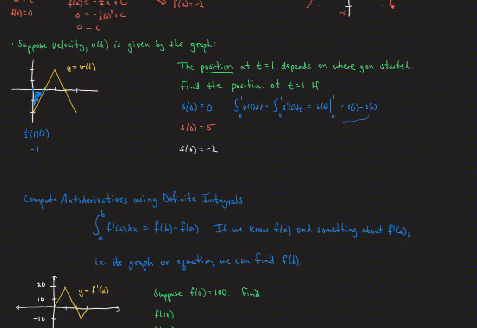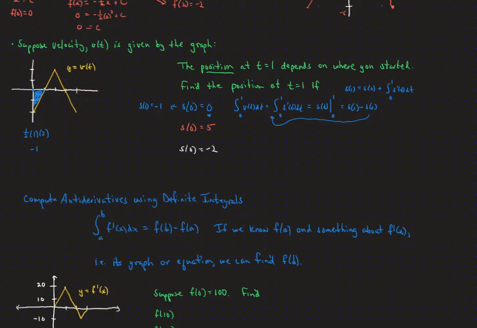So adding that s of 0 to the other side, we'll get that s of 1 is going to be our starting value, s of 0, plus our net change in position that we were talking about. So if we started at 0 and our displacement or net change in position was negative 1, that means that s of 1 in this case would be negative 1.